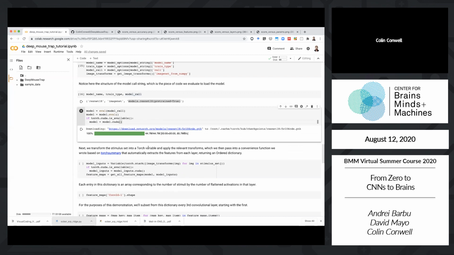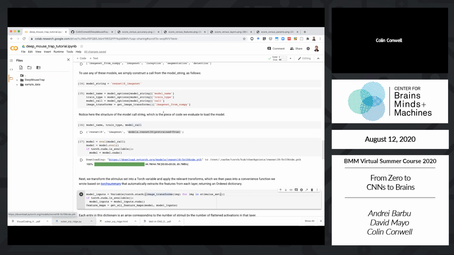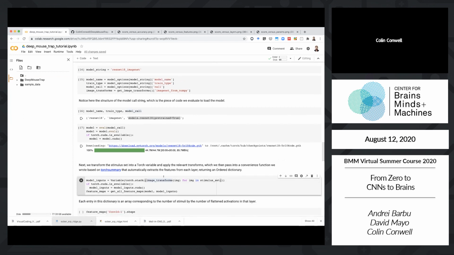So in order to pass our stimulus set into our neural network, we have to first make a PyTorch variable out of it. And we do that by first transforming each of the images in our stimulus set according to the image transforms we loaded above. And then we put those into an array and we make those a PyTorch variable.